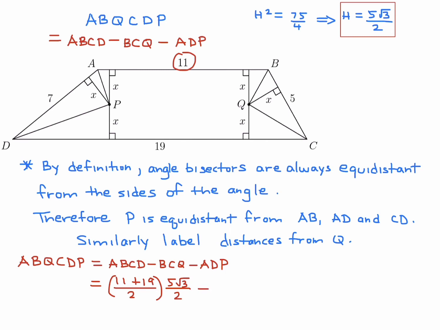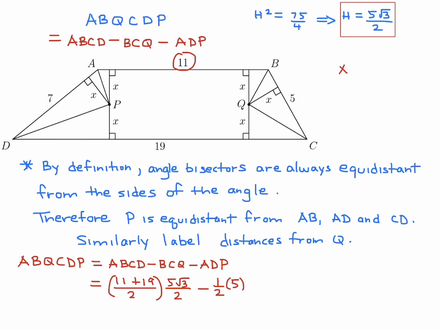So that's very important. And then BCQ, the good news is we figured out that that is a right triangle, because if something is equidistant and you draw a line from it to the other side, it's the shortest possible distance, which is a straight line that's perpendicular, and that's why that's a right angle. So this was a very important point that we had to recognize to solve this question. So that just becomes 1/2 base times height. The base is 5 and the height is x.